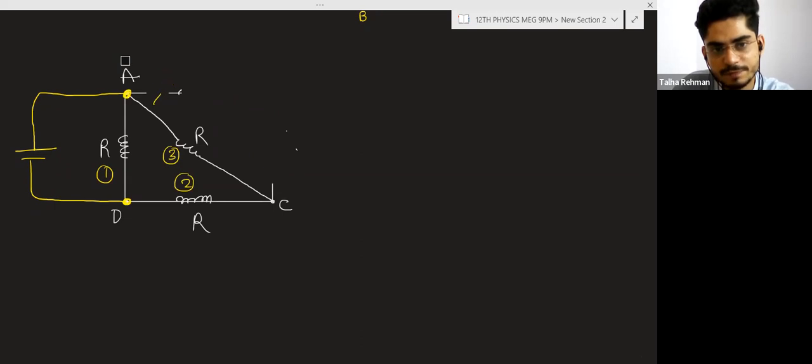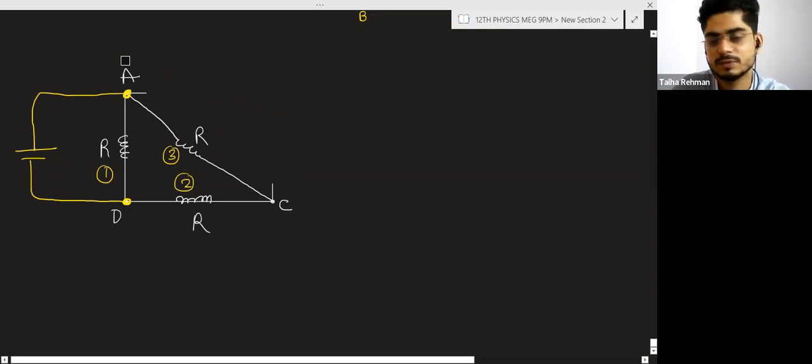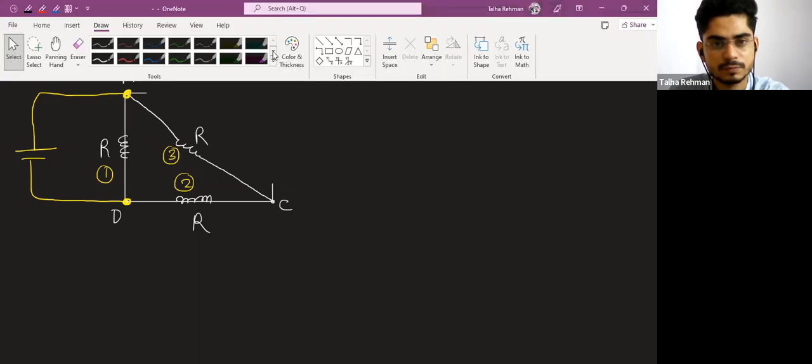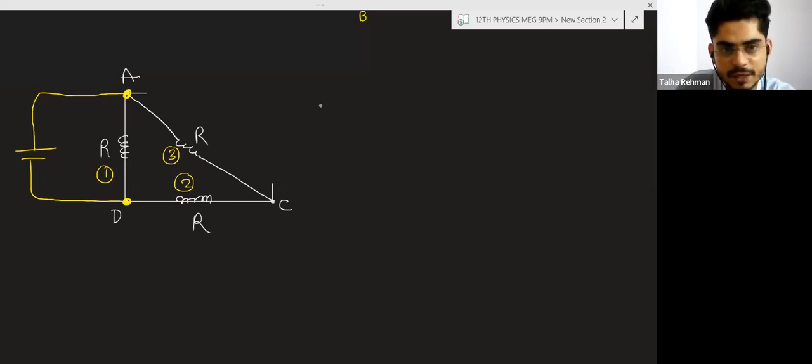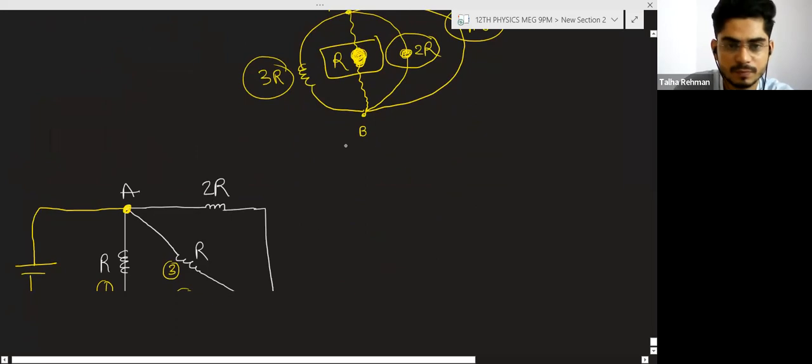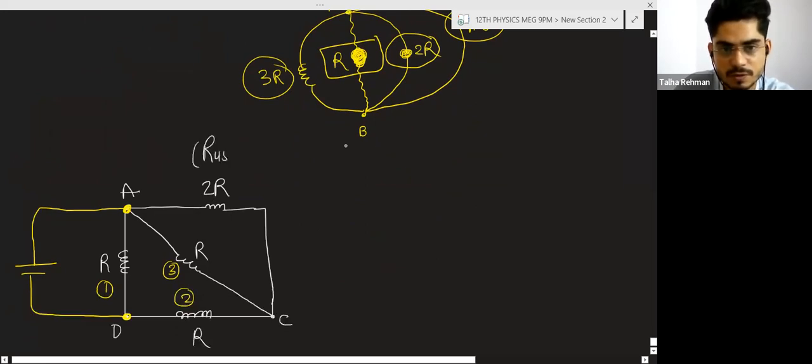You have to follow the same procedure that I am following. Now connect in between A and C only one resistance of 2 ohm. And this resistance we have named R45. This resistance was R45.